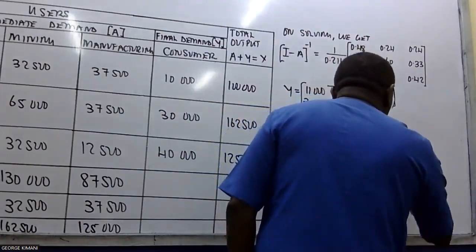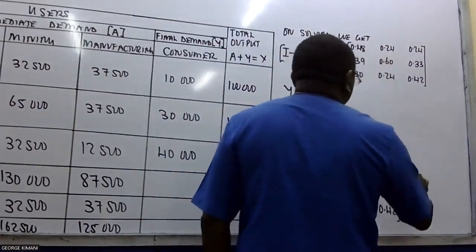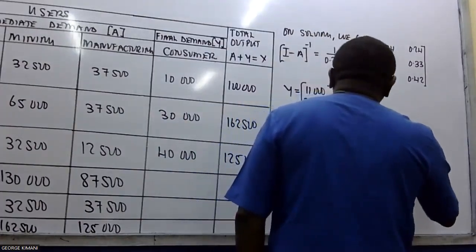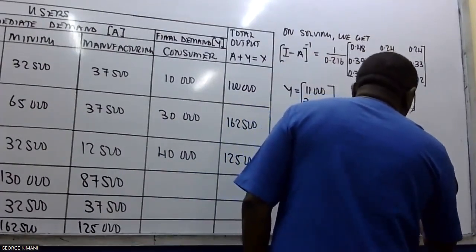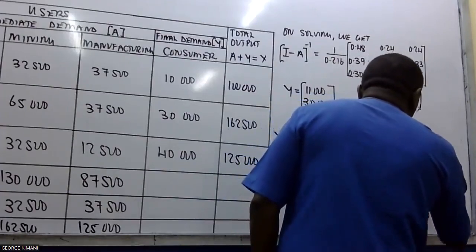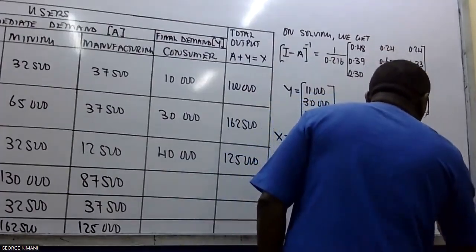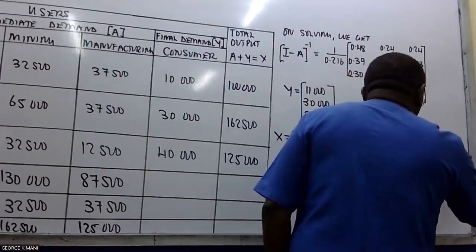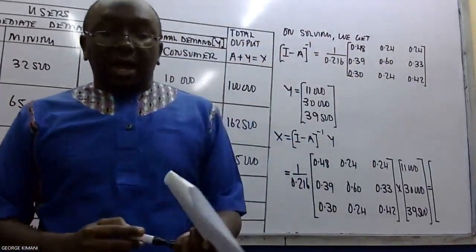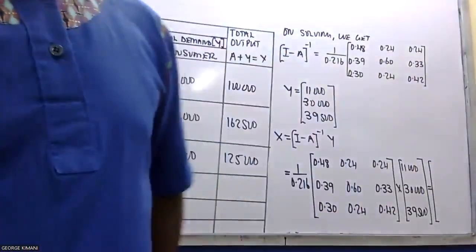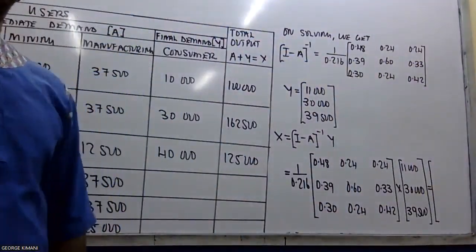You multiply by matrix Y, which is 11,000, 30,000, and 9,500. Now multiply and give me the answers. I know that one you should be able to do.